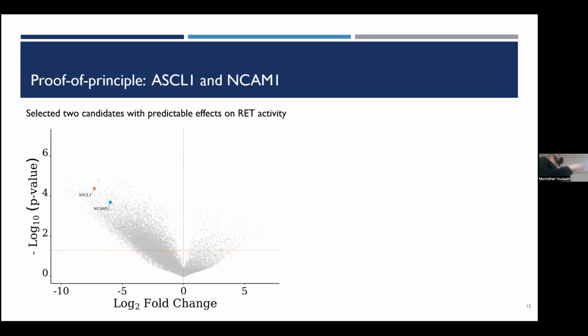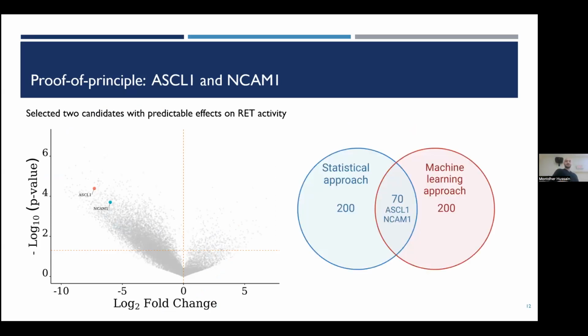They are among the top hits with the most lethal score, as well as significance. As extra validation, we used another approach to identify candidates and compared the top 200 candidates from each approach. We identified 70 genes that overlapped between those 2 approaches, including ASCL1 and NCAM1. That tells us that these are very good candidates to pursue as proof of principle.